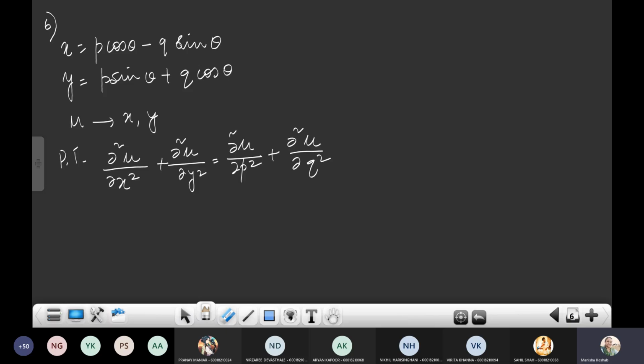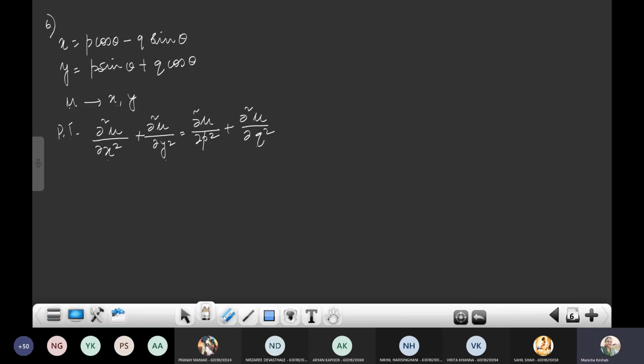Now from here you can see x is a function of what? You have u is a function of x and y, and x and y are functions of p and q. So ultimately, u is a function of x and y, and x is a function of p and q. That is how we can consider.